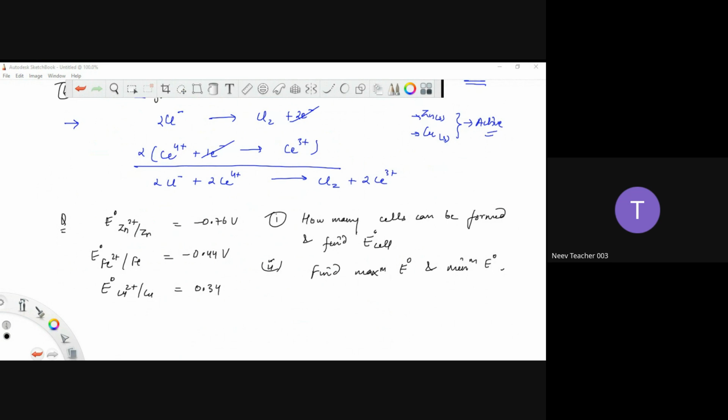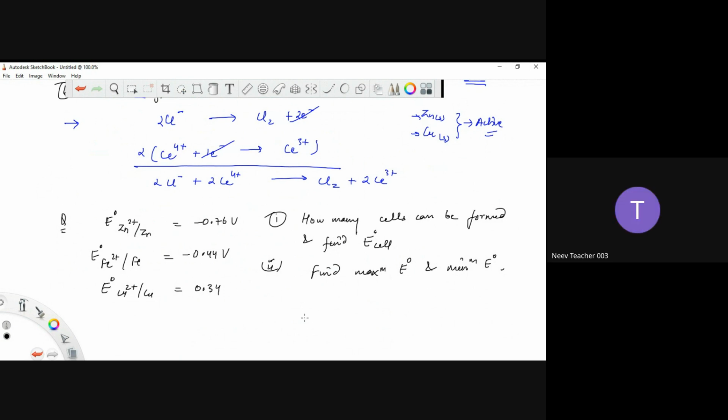Siddharth, yes, sir. You want to be free early? Oh, yeah. Then you have to answer quickly, right? Okay, I'll tell. I think it won't take much time.